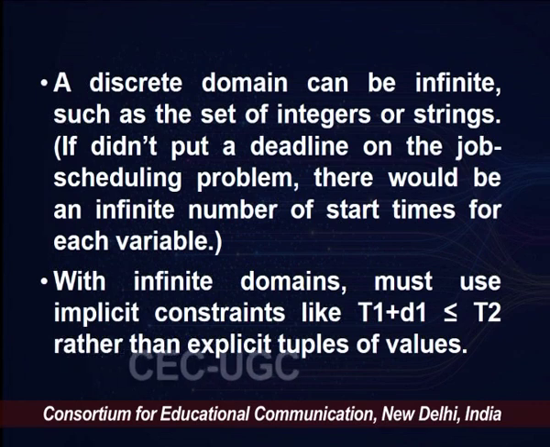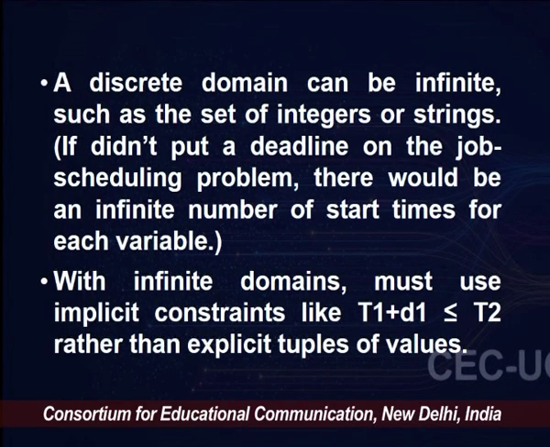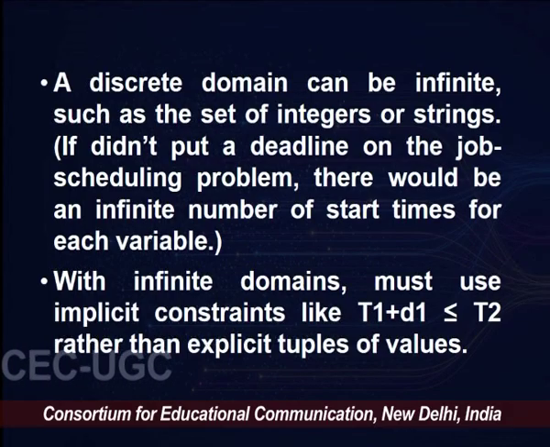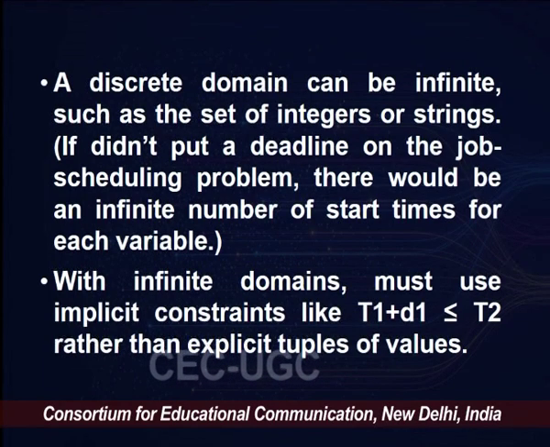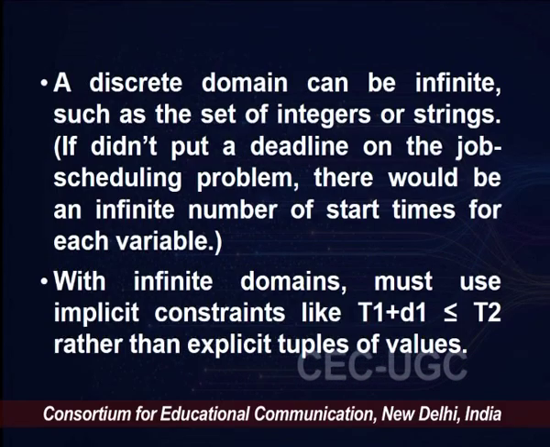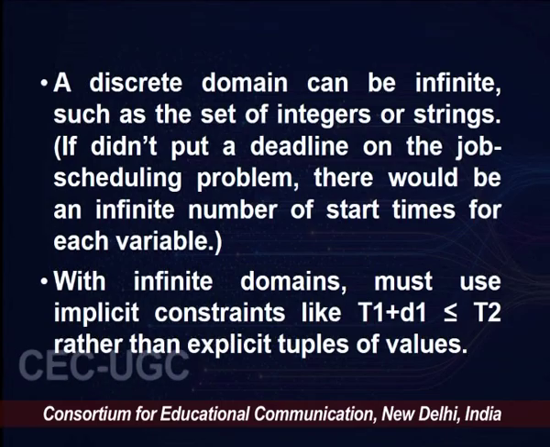If we talk about a discrete domain which can be infinite, for example, a set of integers or a set of strings. If we do not put a deadline on the job scheduling problem which we have seen in my earlier lecture, there would be an infinite number of start times for each variable, and with infinite domains we must use implicit constraints like T1 plus D1 less than or equal to T2.